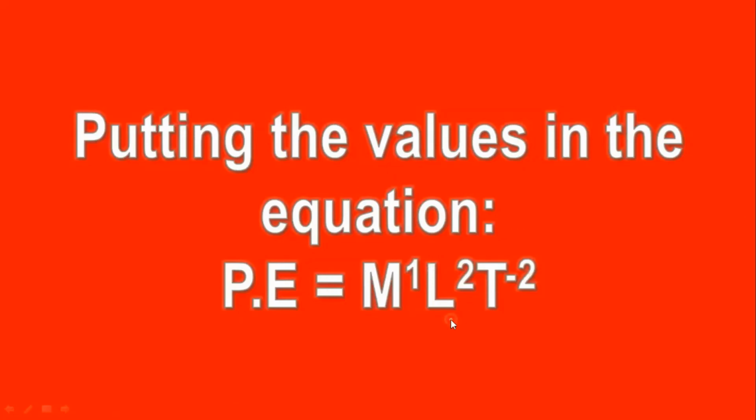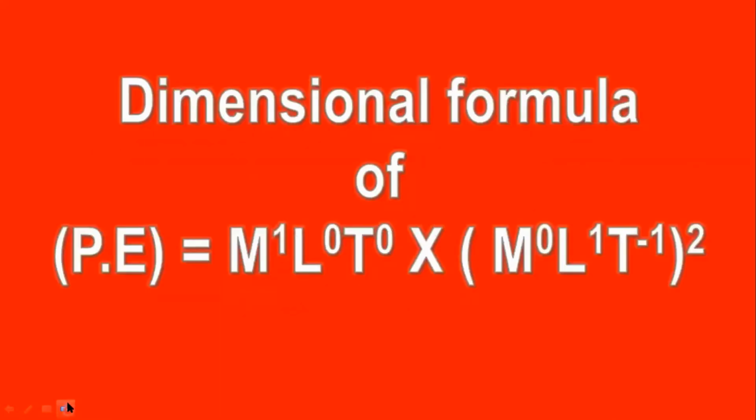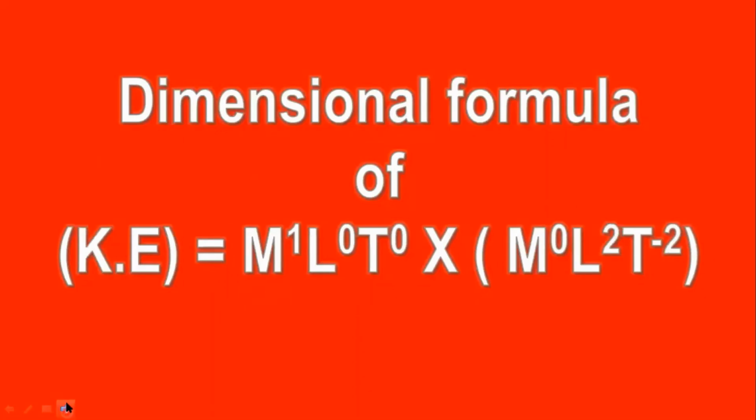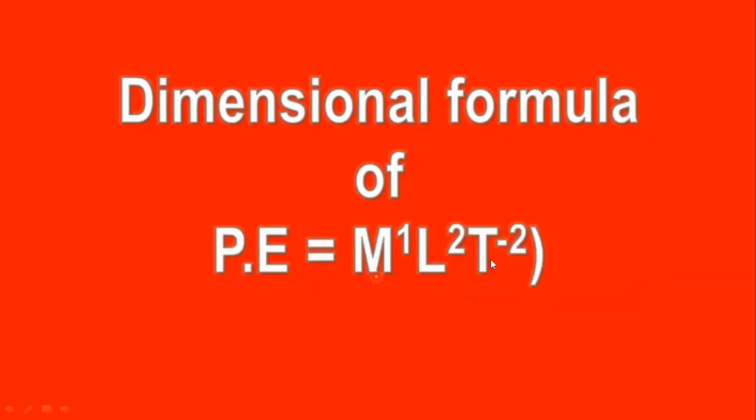This was the right hand side. The dimensional formula of this converts into this, and then finally we have the dimension of this. I will send all these slides at the end, so don't worry about that.